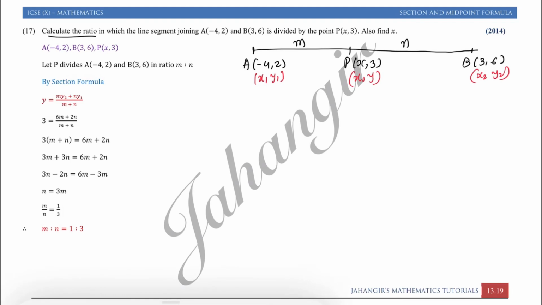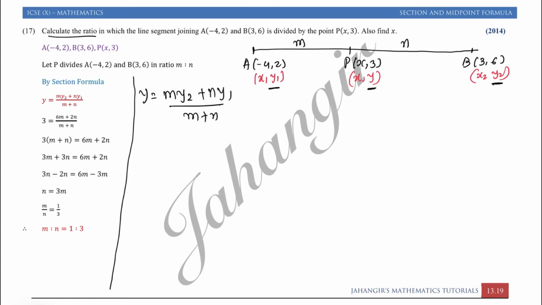So here I can see, I know y1 value, y value and y2 value. So I will take section formula for y, that is y is equal to my2 plus ny1 upon m plus n. So y value is 3, m we have to find, y2 is 6 plus n into 2 upon m plus n.